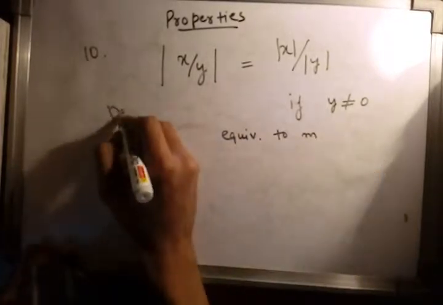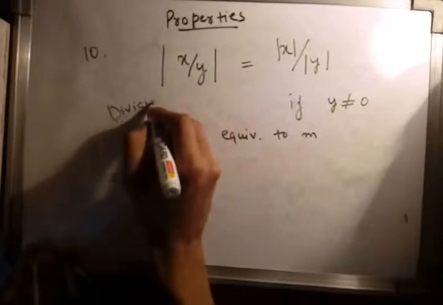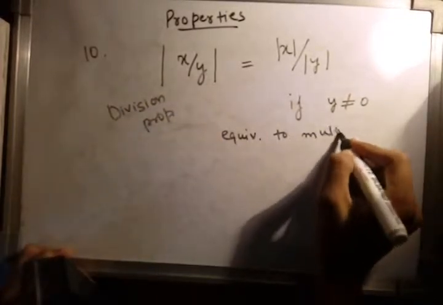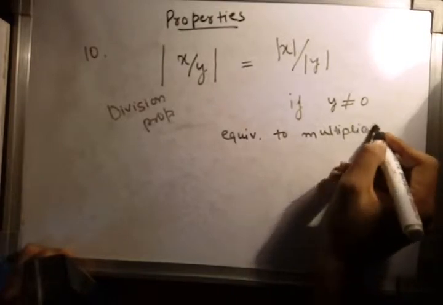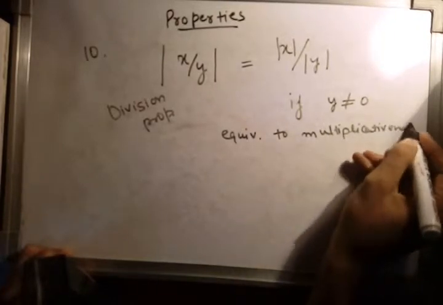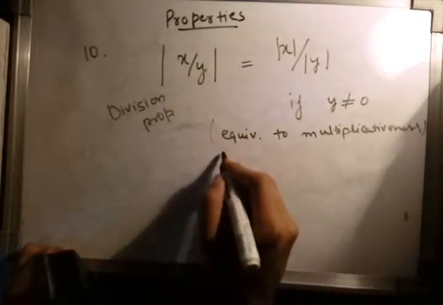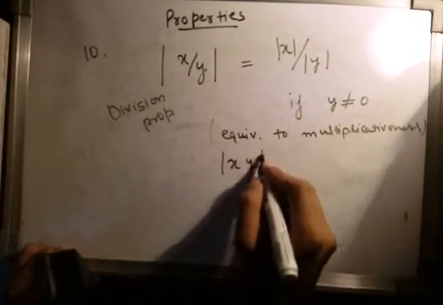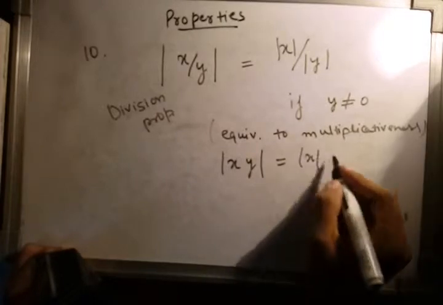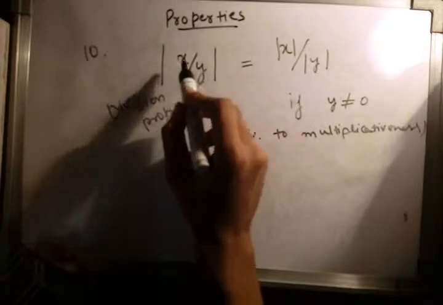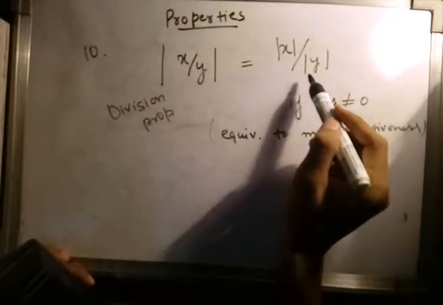This is the division property. This property is equivalent to the multiplicative property, as I showed you, that |xy| is equal to |x| into |y|, and this is the same but in division. |x/y| is equal to |x| divided by |y|.